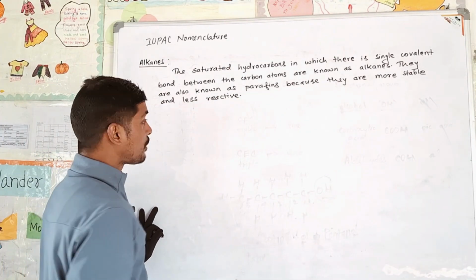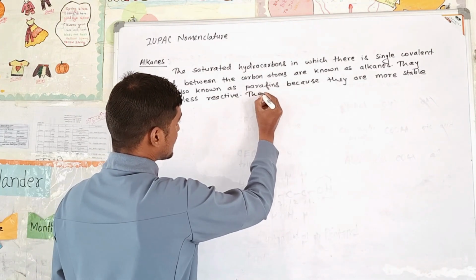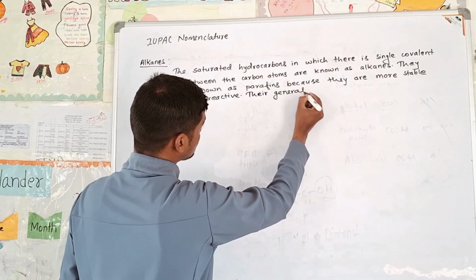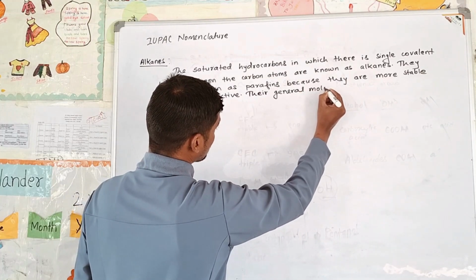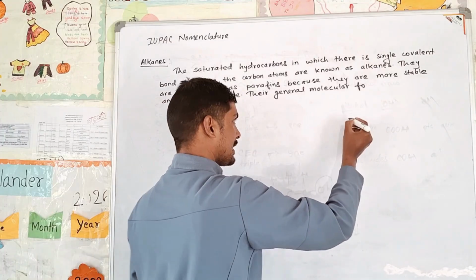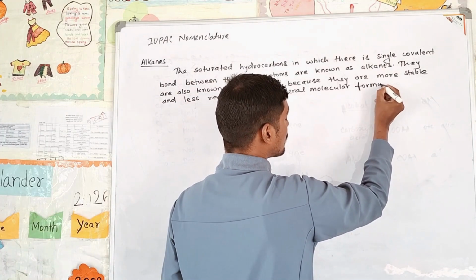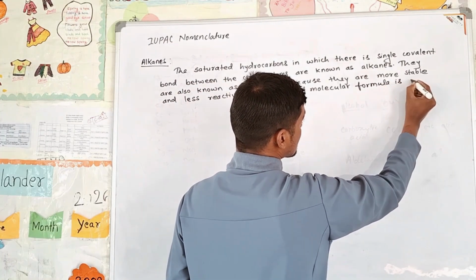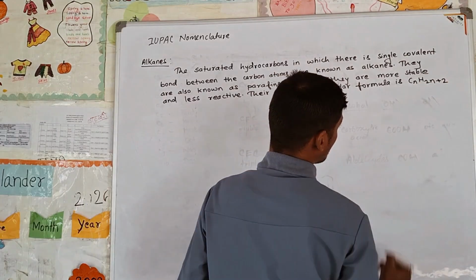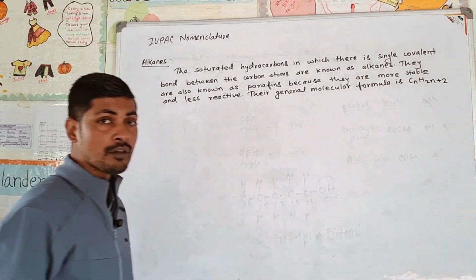Their general molecular formula is CnH2n+2, where n represents the number of carbon atoms.